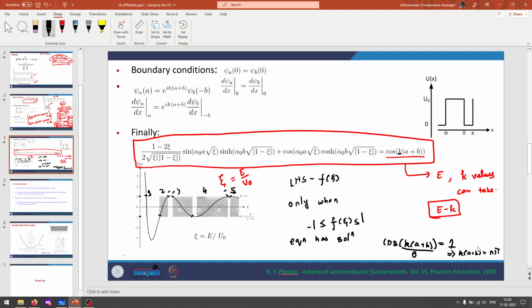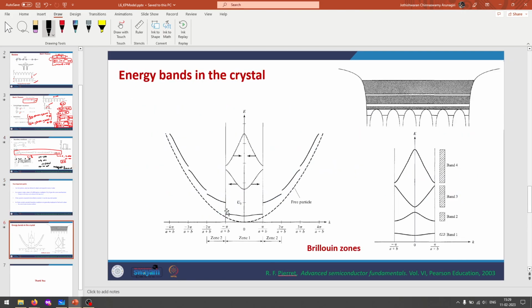That implies what? So let us come down to this graph. The first time I satisfy cos of k a plus b is equal to 1, the first time that is satisfied, I will say k of a plus b is equal to 0.